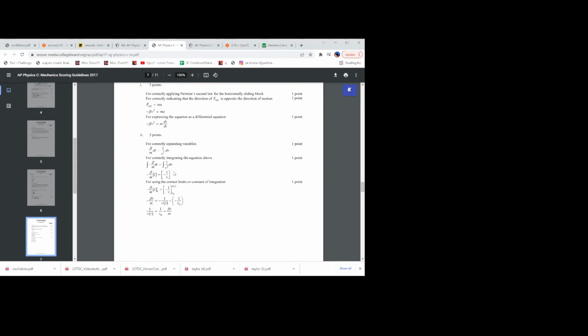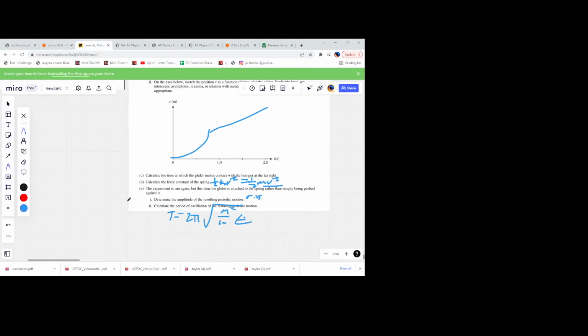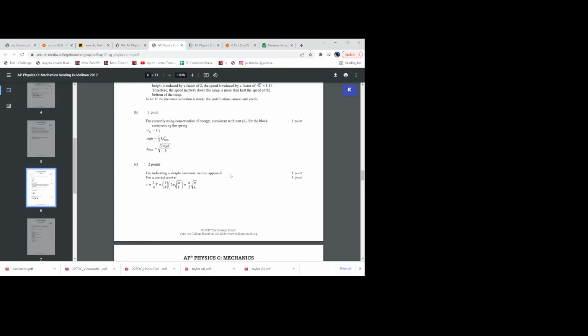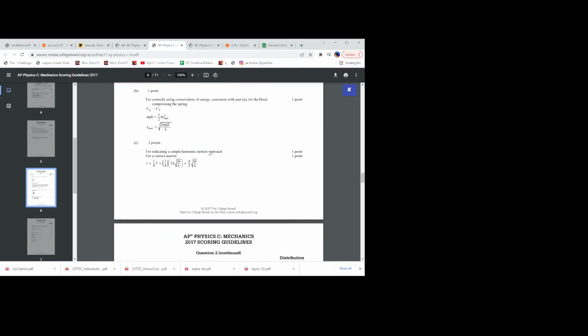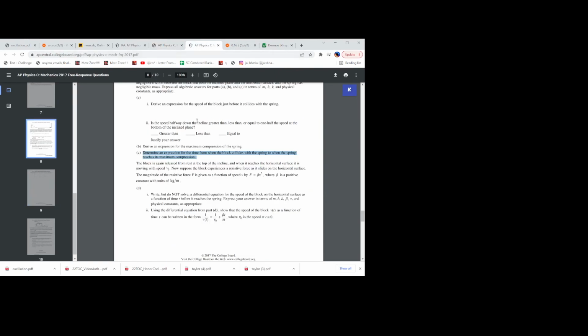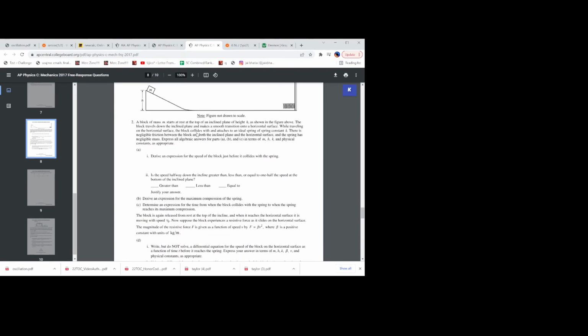I want to see if my way would work, though. Let's find out. See, but the thing is, I wouldn't actually get the first point, because I wouldn't have done it with simple harmonic motion. That's so stupid. But, I mean, okay.